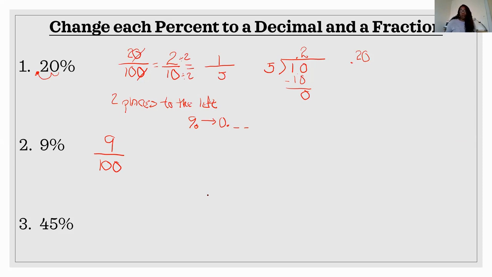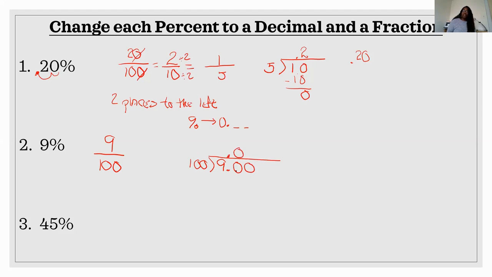That's the lowest form. But as a decimal, I could do the long division. My divisor is going to be the 100 and my dividend will be the 9. How many hundreds can go into 9? None. So if I put my decimal and add a 0, how many hundreds can go into 90? Let me add one more 0. So I got my decimal up top, I got my 0.